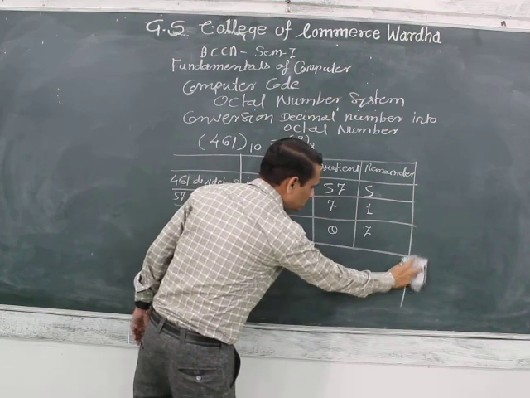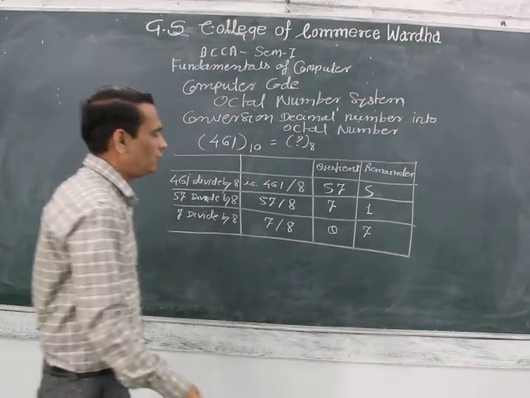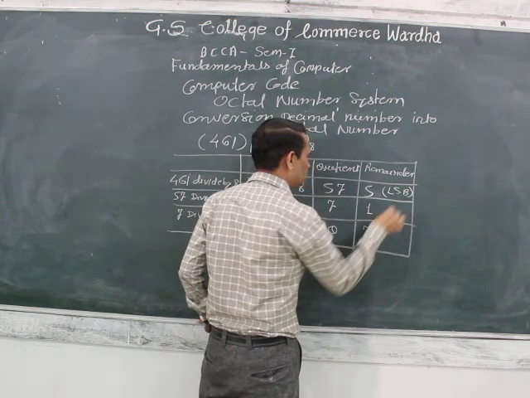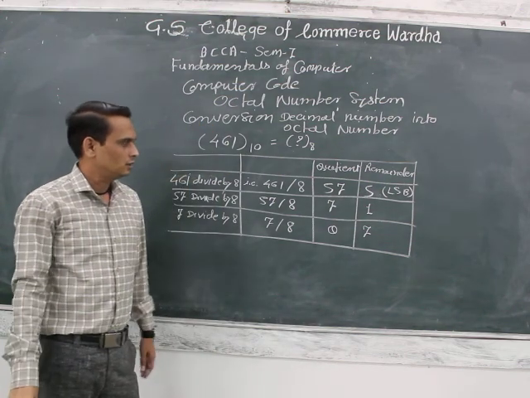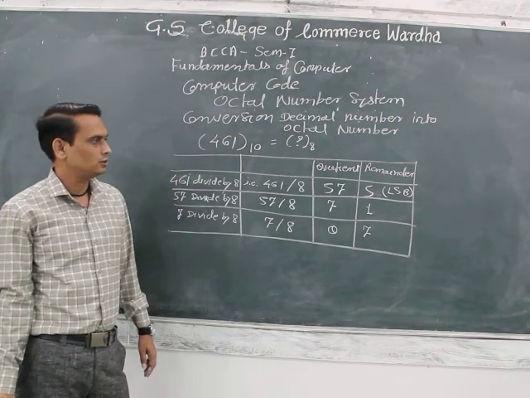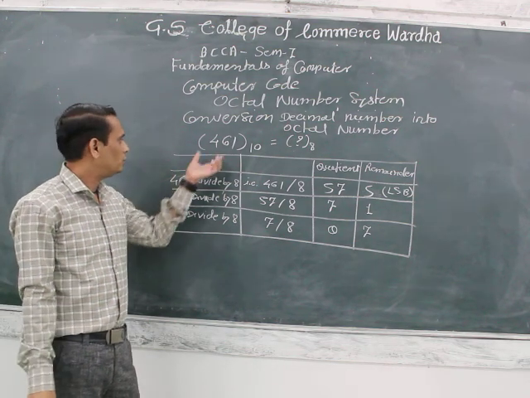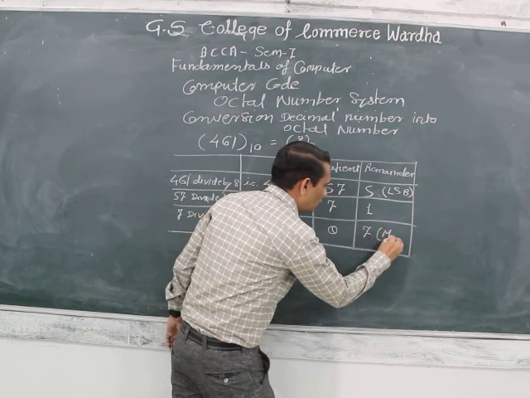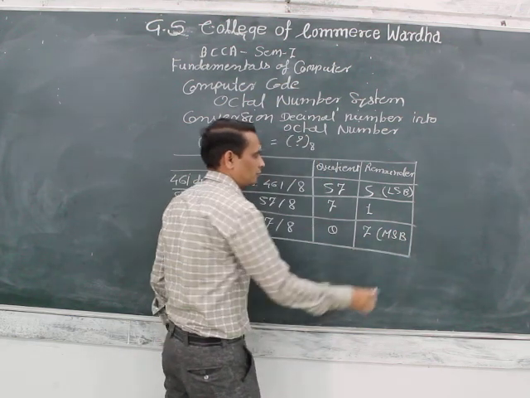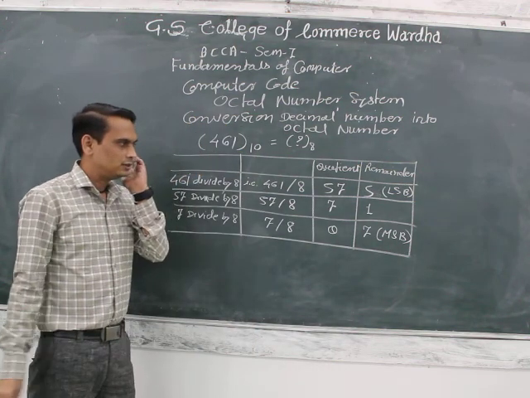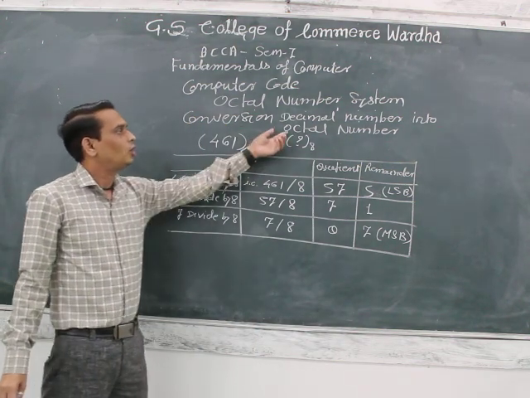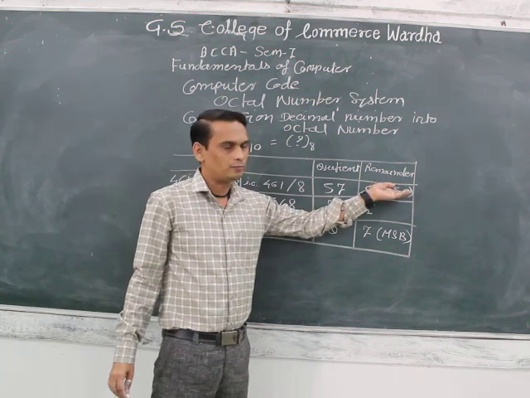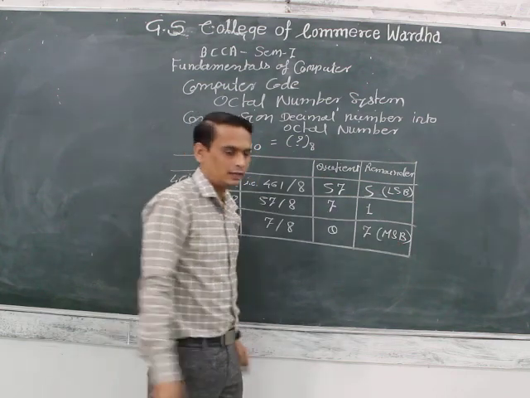It goes to infinity. So we have 5, that is called LSB, that is least significant bit for the number 461, and the last one is the remaining value MSB. And to find the octal number, write the values from bottom to up, that is MSB to LSB.